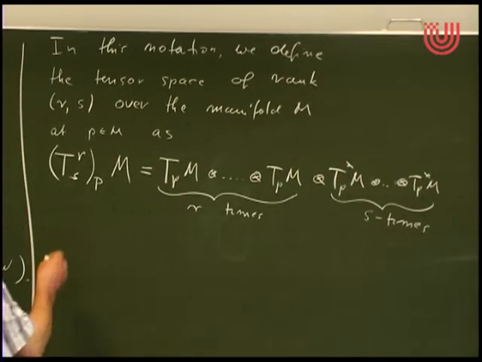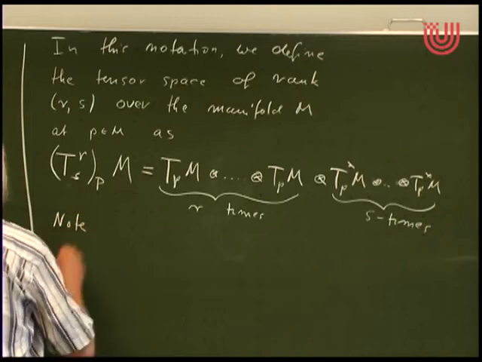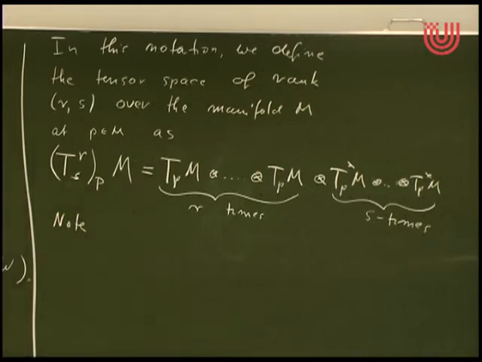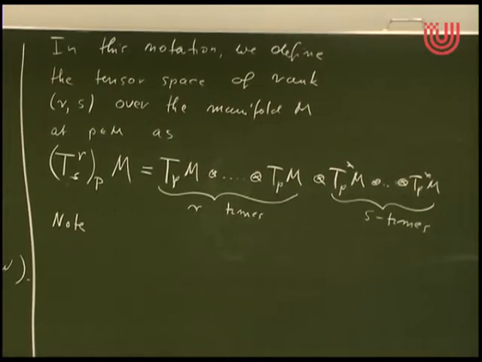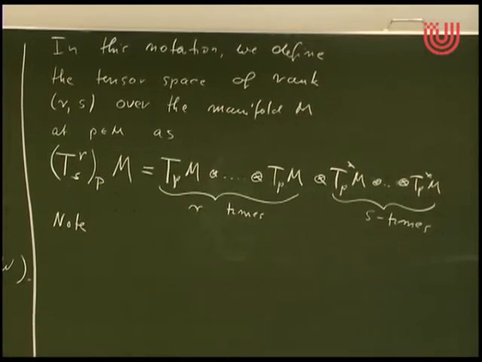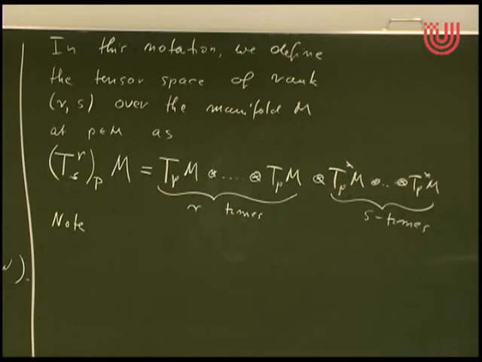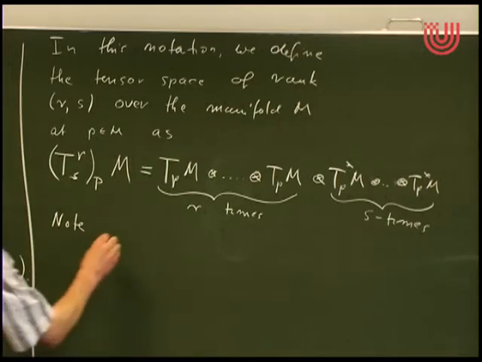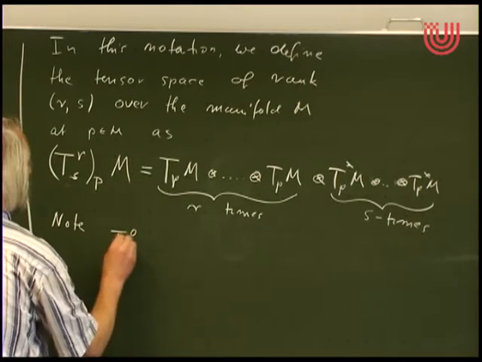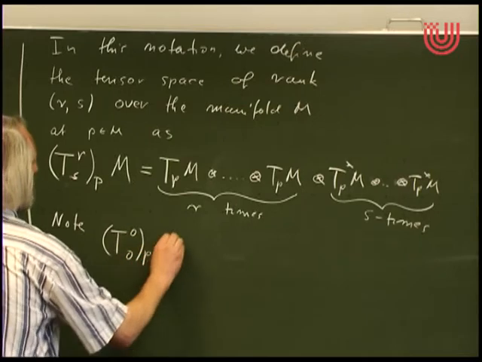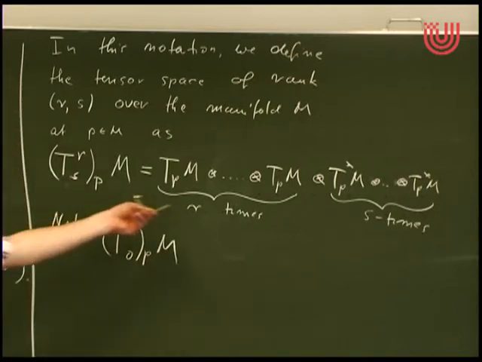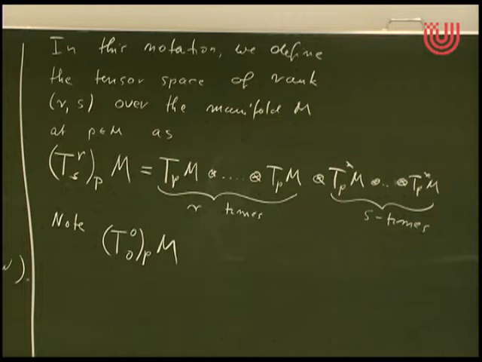So in particular, we see now that what we have learned before, the functions, I'm at a point, just the scalars, the vectors and the covectors, are special cases of this. So what is T^0_0? Well, in a sense, this is a convention. If I have no factor here, what do I mean by that?